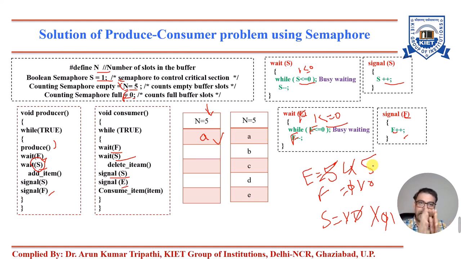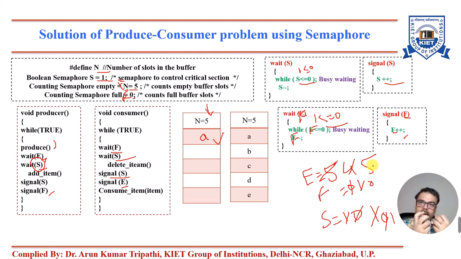operations can take place. When the producer is producing an item, the consumer cannot consume it. If the consumer is consuming an item, the producer cannot produce. So there is an exclusive lock. Both can apply, one by one, not at the same time.